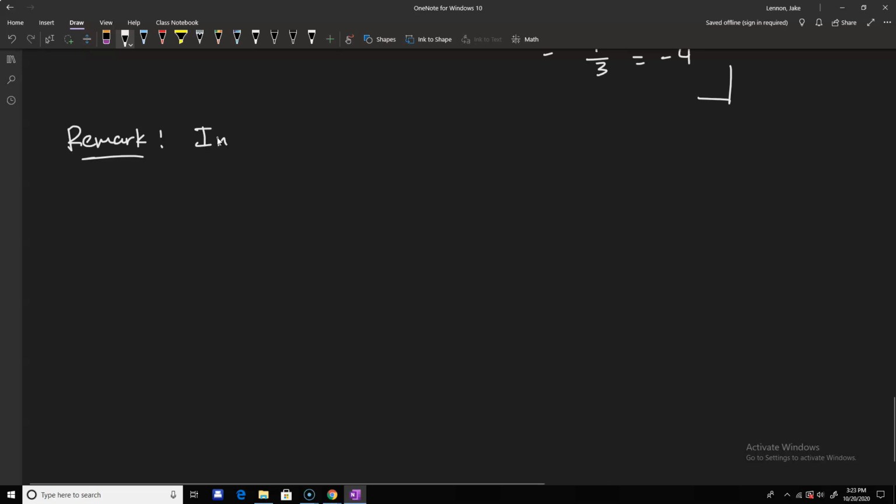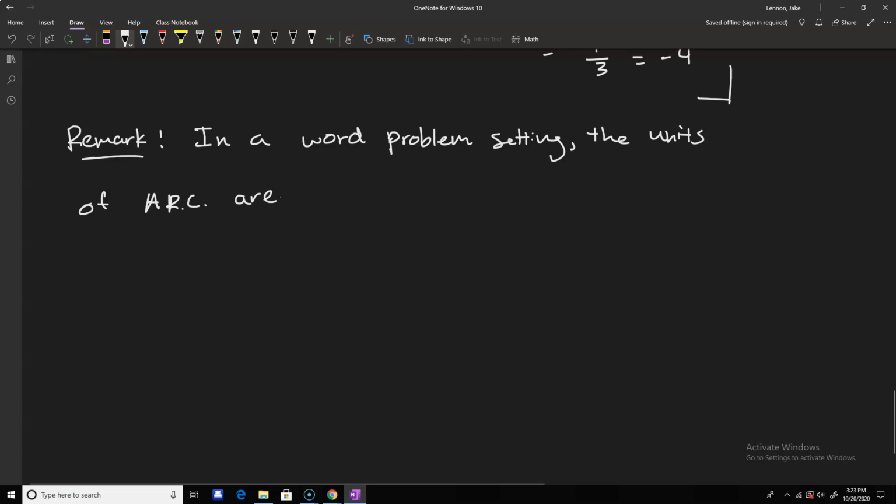In a word problem setting, the units of the average rate of change are the units of output per units of input.